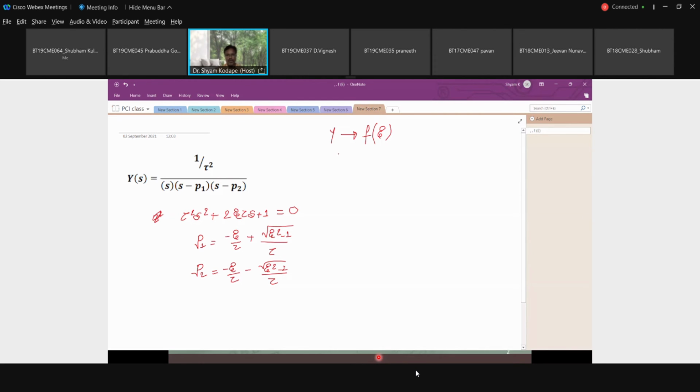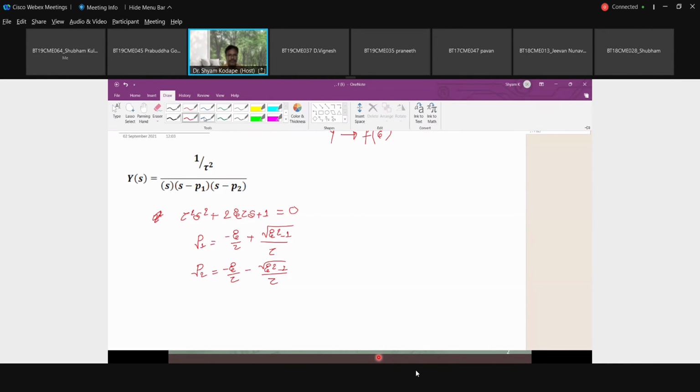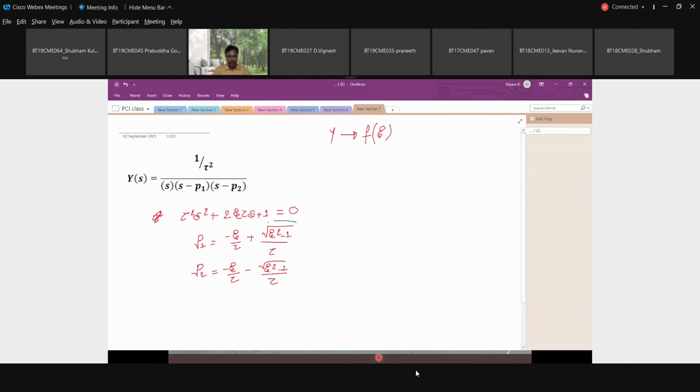Okay? So now if you observe in this particular equation, psi we can compare with 1. This will decide. So what will happen if psi is greater than 1? What will happen if psi is equal to 1? And what will happen if psi is less than 1? Because this Y(s) we will invert, apply the inverse Laplace, so it will come into the y(t) format.